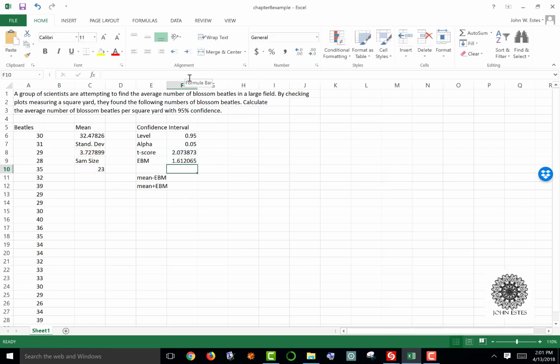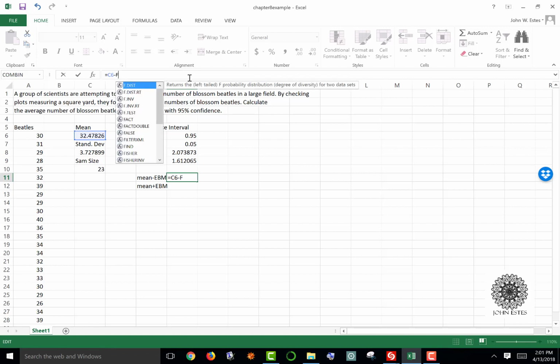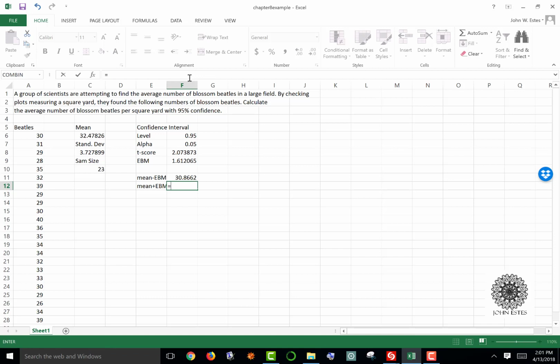And there's my EBM. Now my mean minus the EBM is C6 minus F9. That's the mean minus the EBM. And then the upper bound would be C6 plus F9. So there's my upper bound.